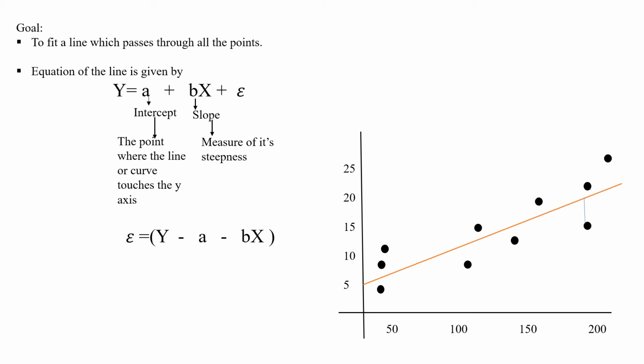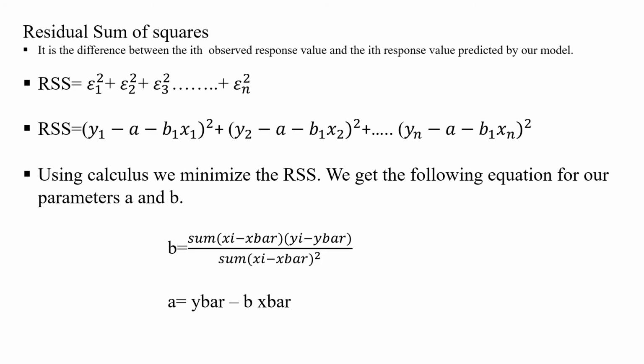Now let us deep dive into these residuals and residual sum of squares. What is residual sum of squares? It is the difference between the ith observed response and the ith response value predicted by our model, the same as in our previous example where it is the difference between the actual values and predicted values.